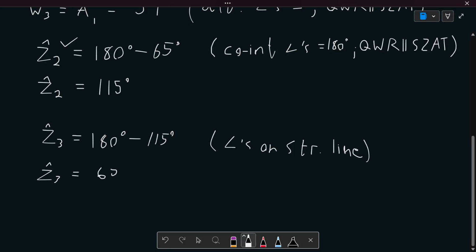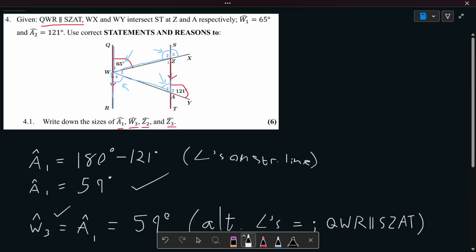Now, I just realized there is actually another way you could have done it. Let me get rid of all of this, there's a lot of drawings over here. As you can see, in this shape there's a line here, then it goes down here, like an F laying down.